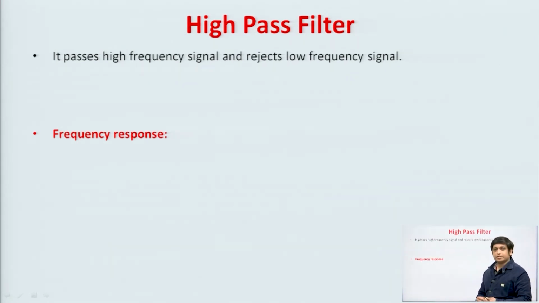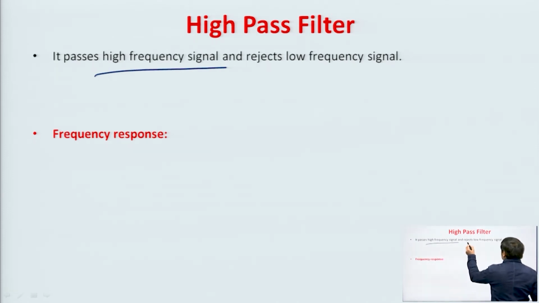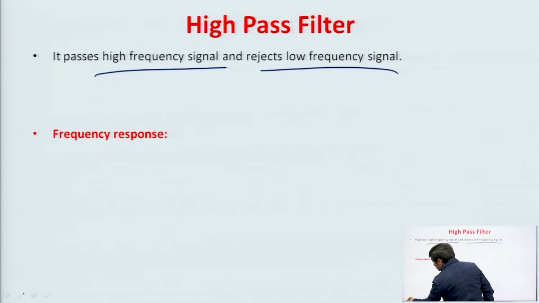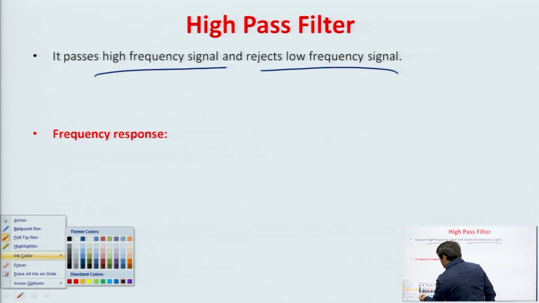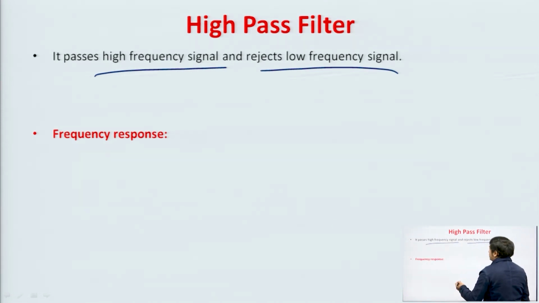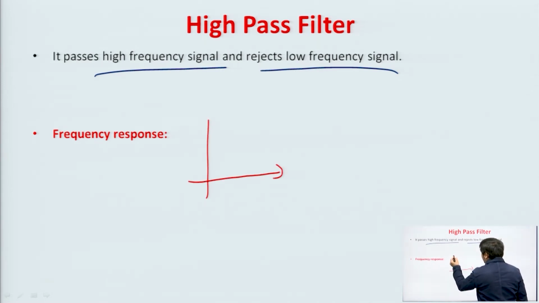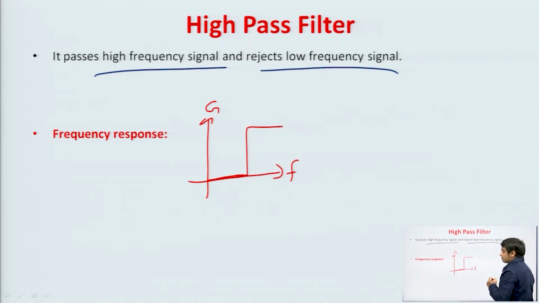As the name suggests, in a high pass filter, high frequency signals are passed and the low frequency signals are rejected. So, when we draw the ideal frequency response of this high pass filter, the gain versus frequency curve will be like this, right.